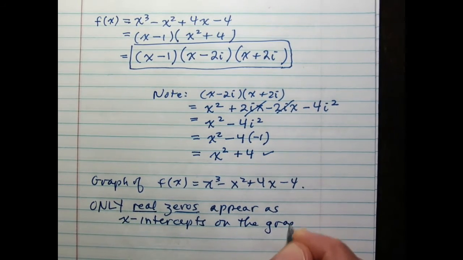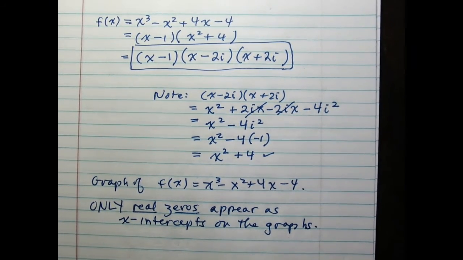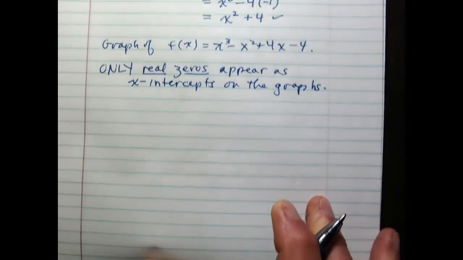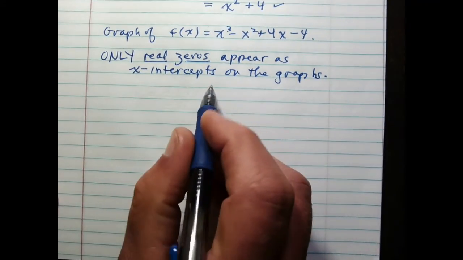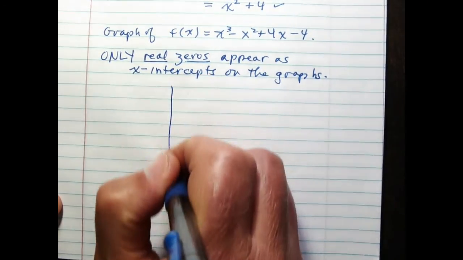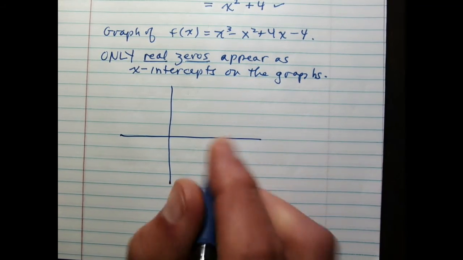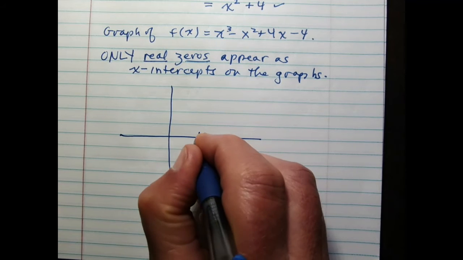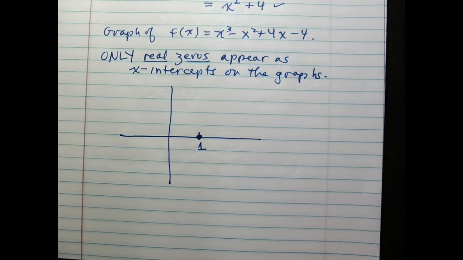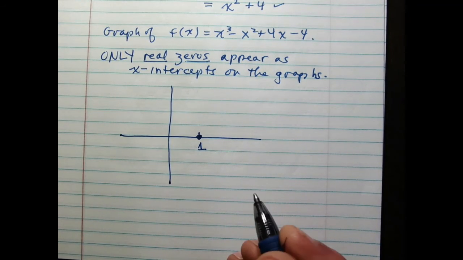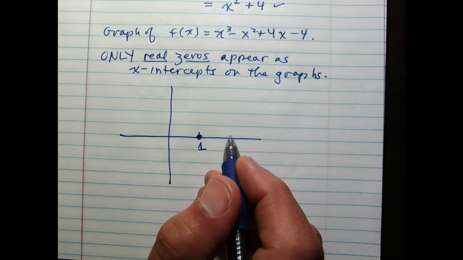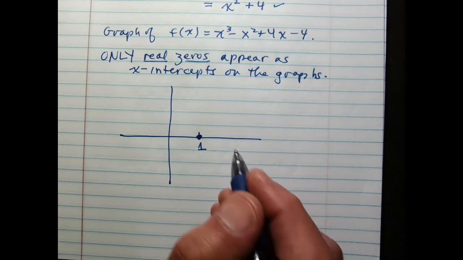So we've talked a lot about how zeros are like x-intercepts, but here we would say there are 3 complex zeros, but this function f has only one x-intercept, even though there are 3 complex zeros.